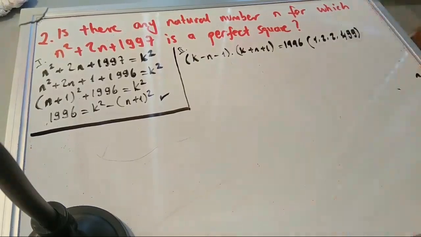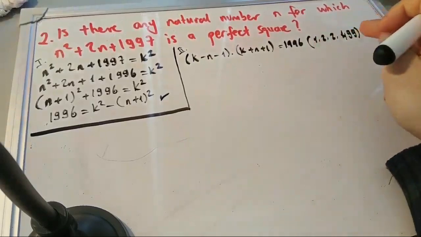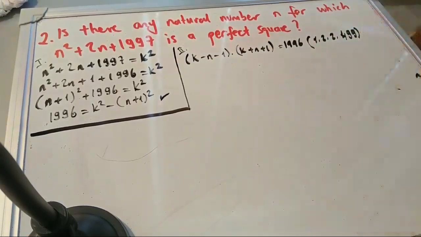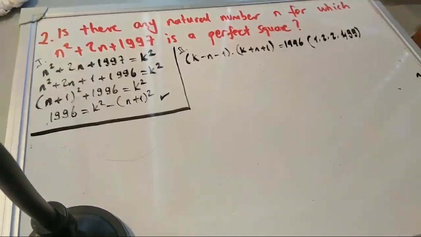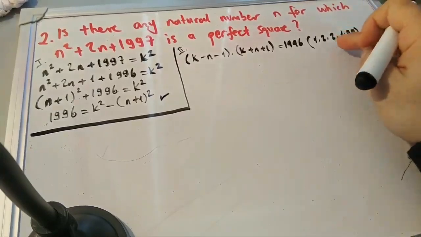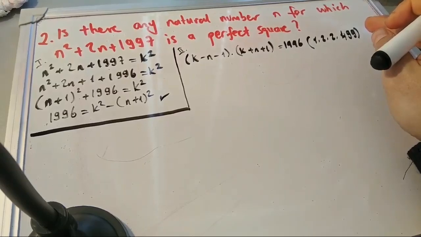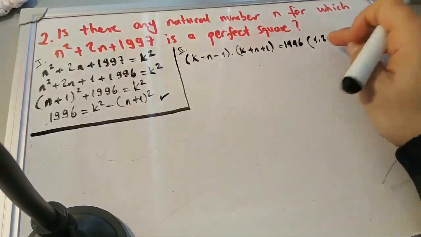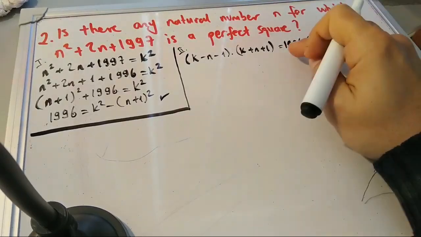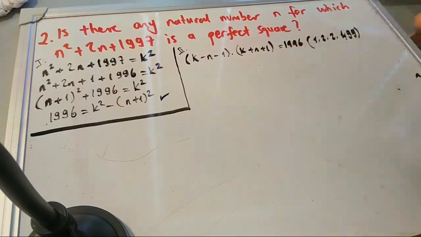Yes. 4 times 499 is 1996. I'm sorry, somebody called me. I cancelled it. Yes. 4 times 499 is 1996.